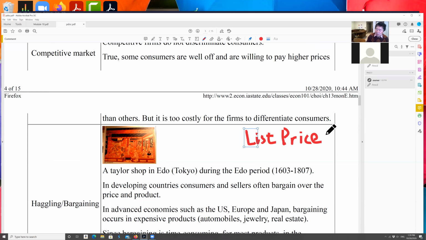It's no fun. You are there just to buy necessary items. So list price is convenient for modern consumers. But in some developing countries, or when the prices are very high, consumers do not mind haggling over the price.